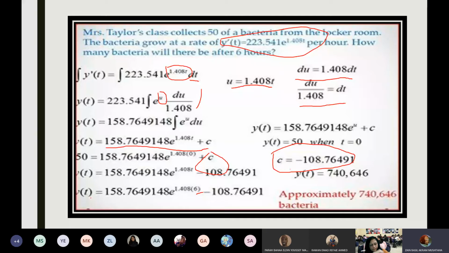After replacing t with 6, you get y of t as approximately 740,646 bacteria after 6 hours. Very nice.